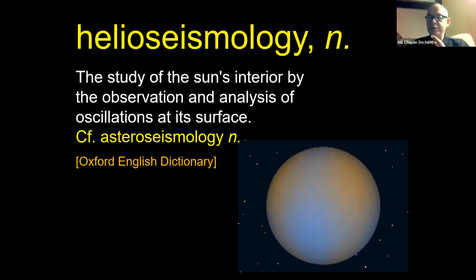The changes in brightness we're talking about for sun-like stars are of the order of a few parts in a million. That's why it took until the 1990s for oscillations in other stars to be discovered.